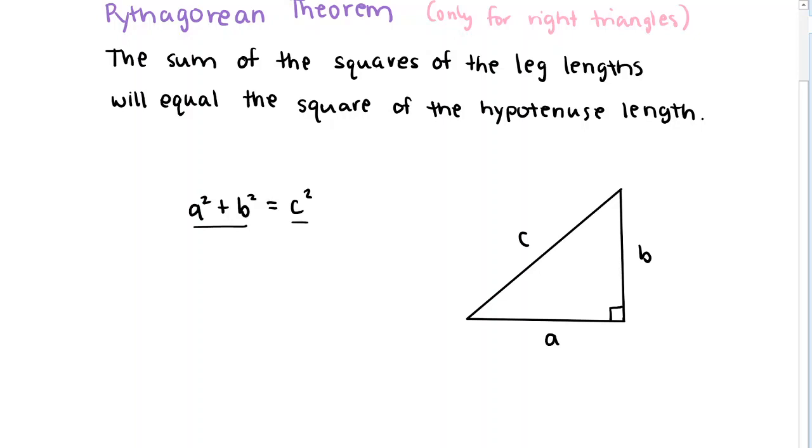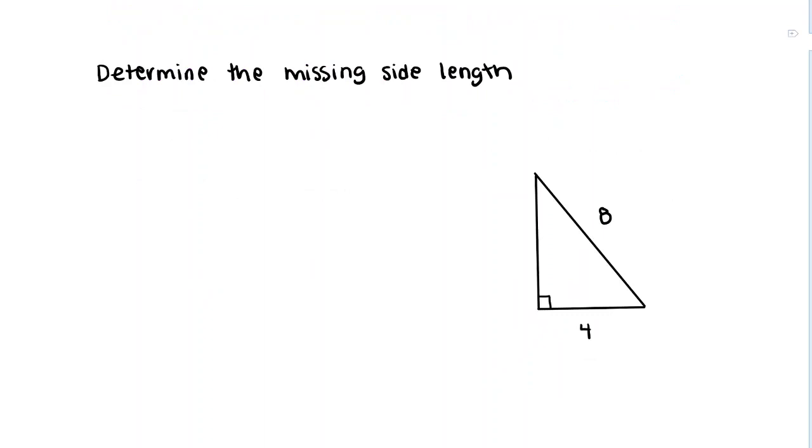This is one of those ideas that's been proved so many different times, such a famous theorem. We're not going to get into a proof for this theorem, but I definitely encourage you to look into one if you're interested. They're all over the place online. But let's use this idea to determine the missing side length of this right triangle.